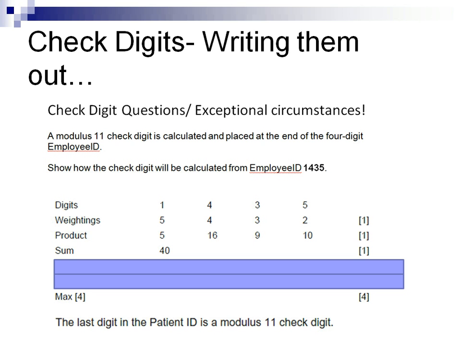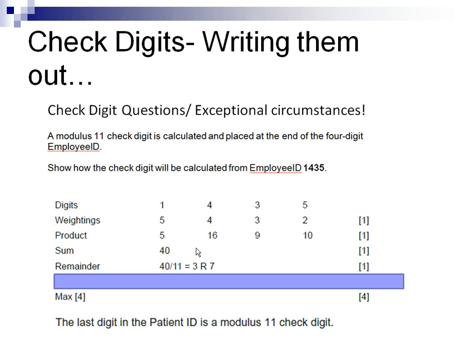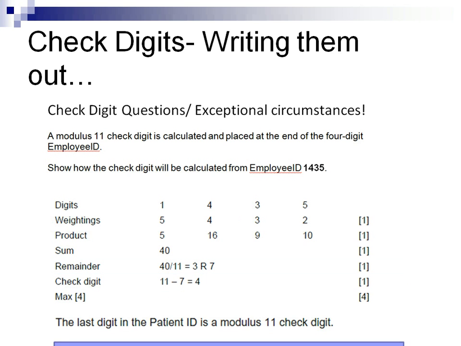So if you divide 40 by 11 you get 3 remainder 7. And lastly, to get our check digit, 11 take away 7 is 4. Our check digit would be 4. And that is the correct way to write them out.